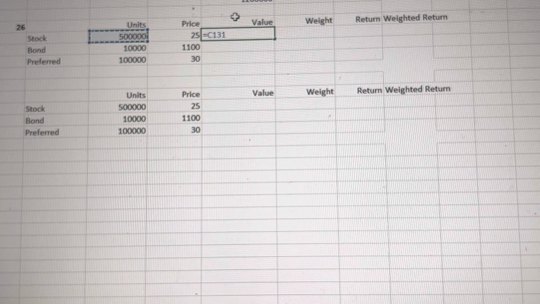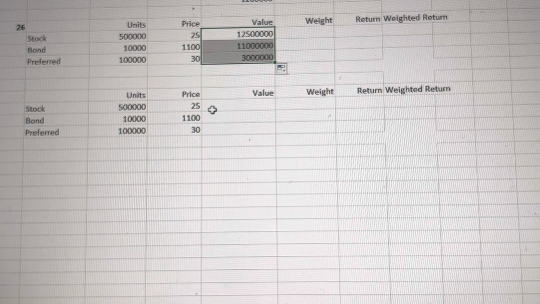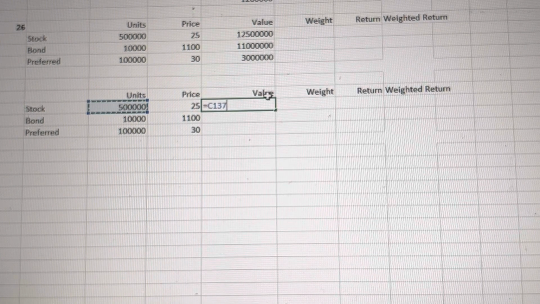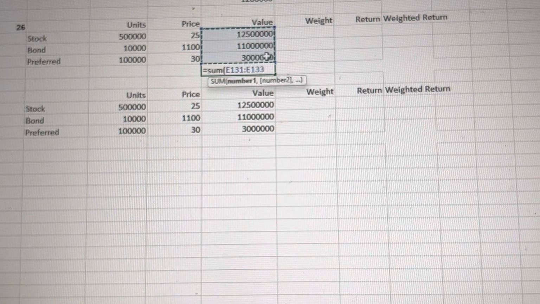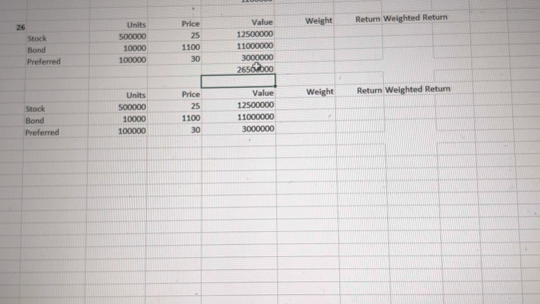The value is units times price. And we want to find the sum of all the values to get a total value of $26,500,000.